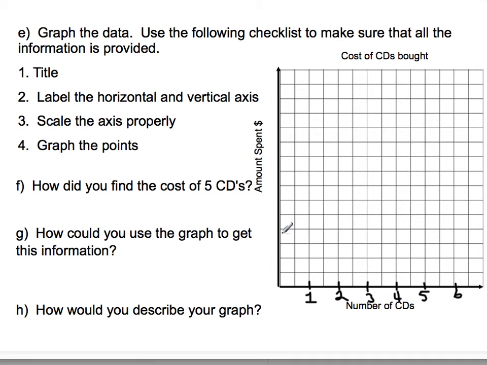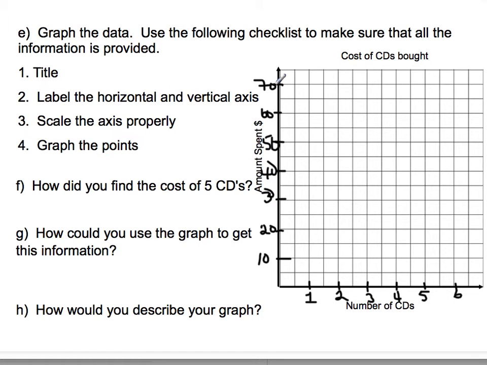If I go 10, 20, 30, 40, 50, 60, 70, that's what I would probably do. Again, if you want to go up by 5s, that's fine. If you want to go up by 12s, that's fine.